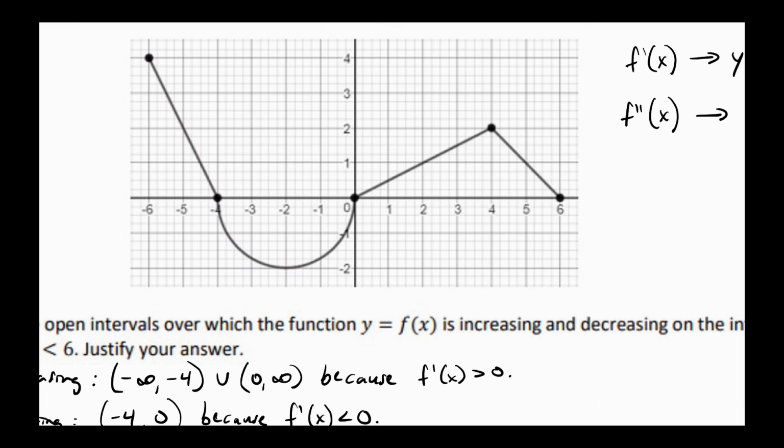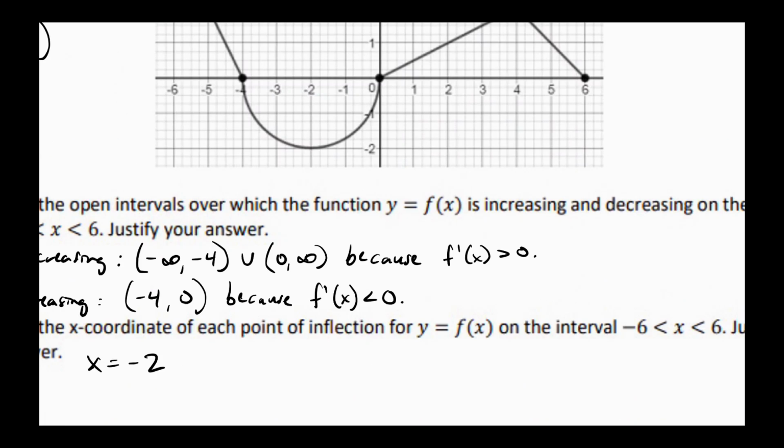Is it going to be 0 anywhere else? So yeah, this point here, it's not necessarily a 0, but it's going to be undefined, right? Because this is a corner. Didn't we say at corners, the slope is 0? Okay. So also at +4.